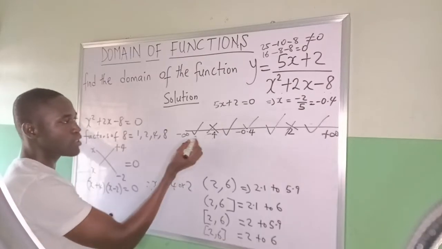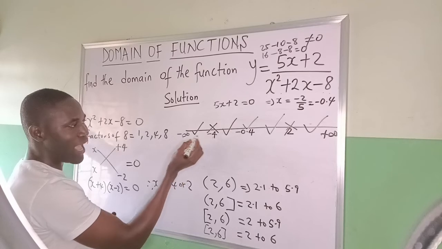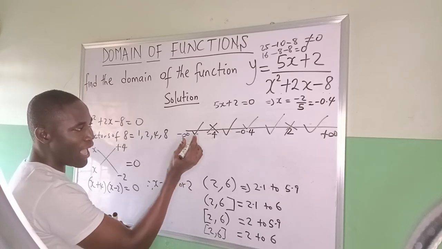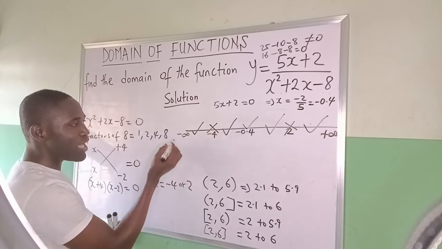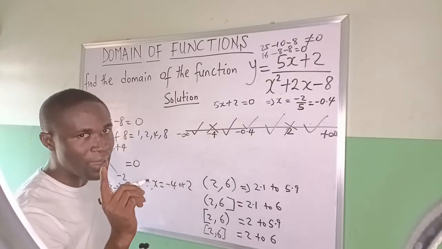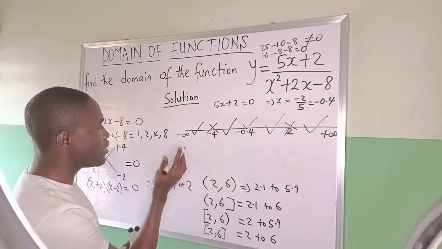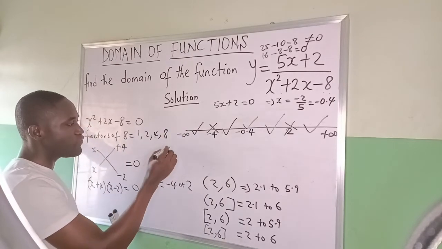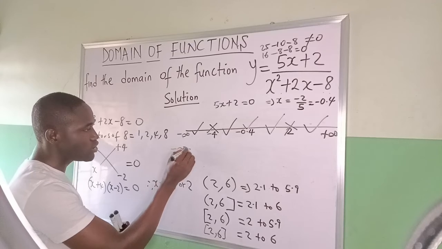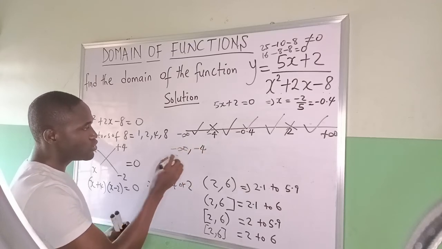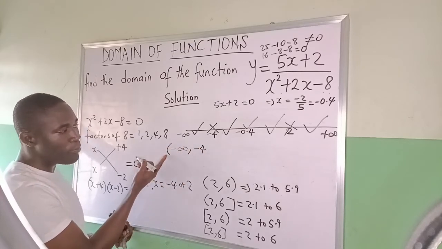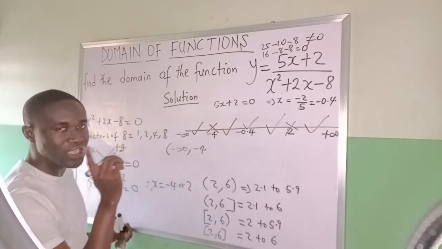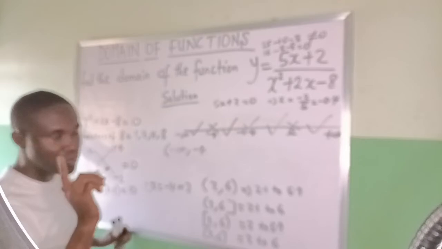I will say, in between this and this, I have good. In between minus infinity to minus 4, I have good. But note that minus infinity is not a number, but represents sets of numbers. That is all the negative numbers, we can't write them all. So you write minus infinity, comma, minus 4, then put an open bracket for minus infinity, indicating that it is not included.